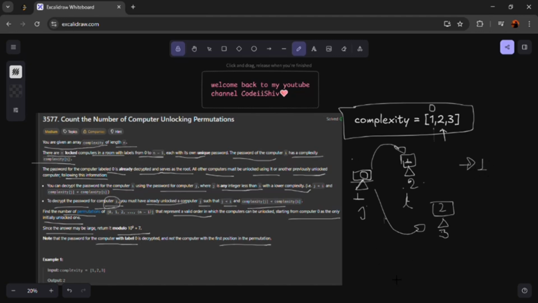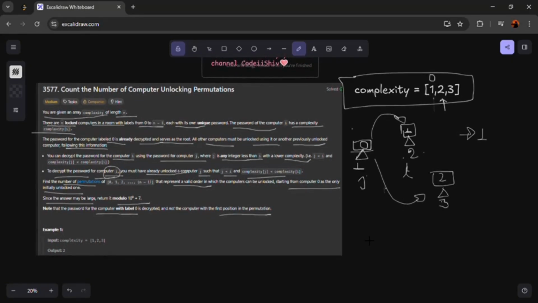Now the second arrangement is that we can also unlock, let's suppose this is j and this is 1 and this is 2.